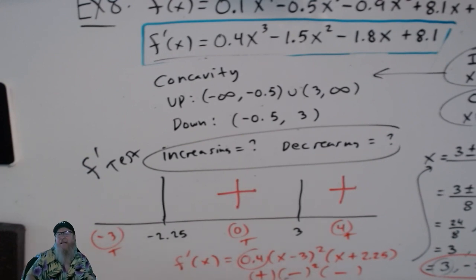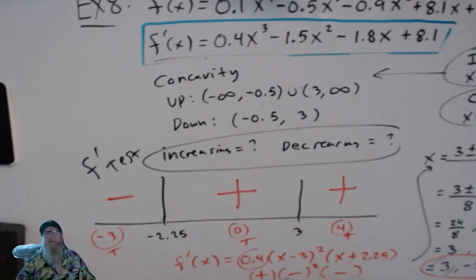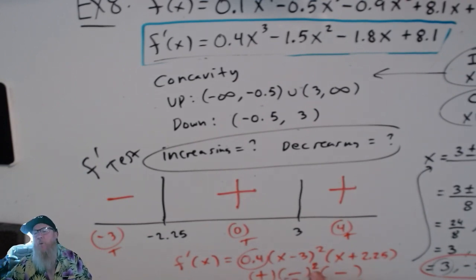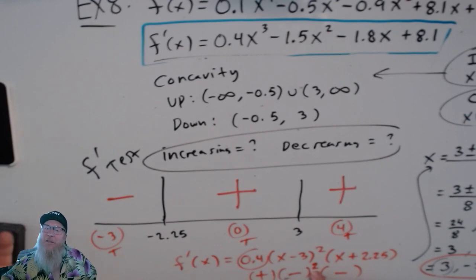So you have a positive, a negative squared, and a negative. Altogether, that's negative. Positive times a negative squared is still negative. One way to think of that is you're counting the number of negatives. It looks like there's only 2 negatives, but remember, one of them's being squared. So there's actually 3 negatives.